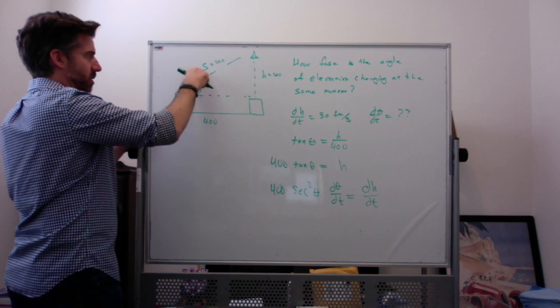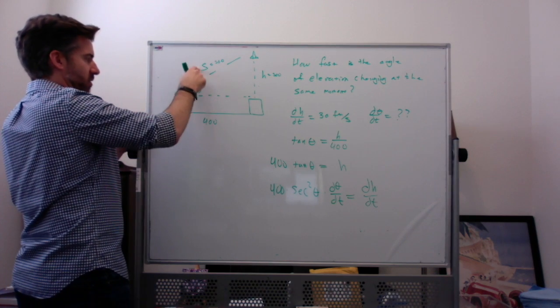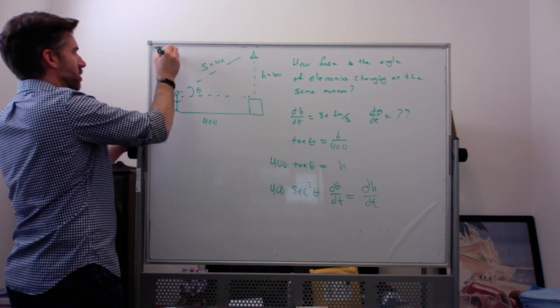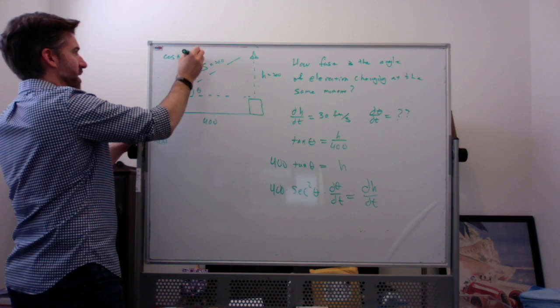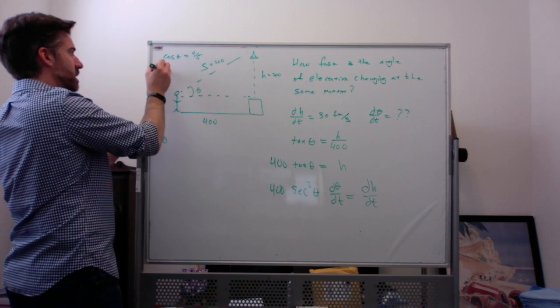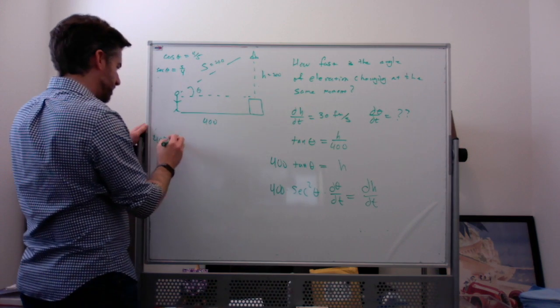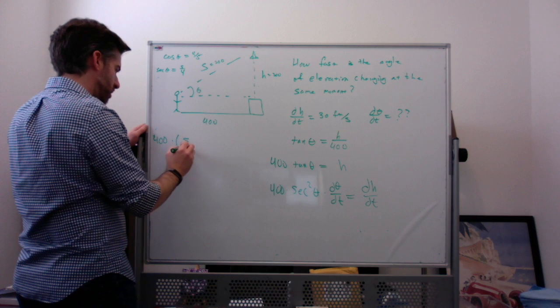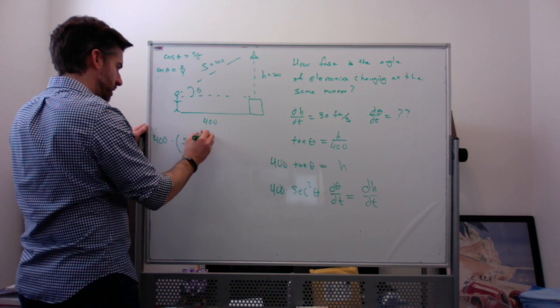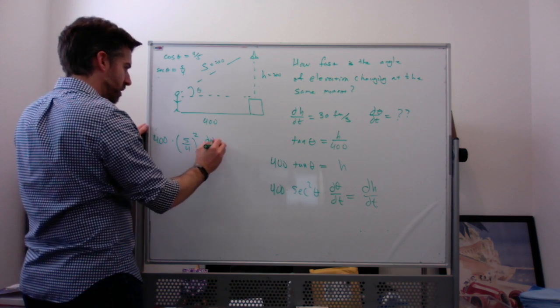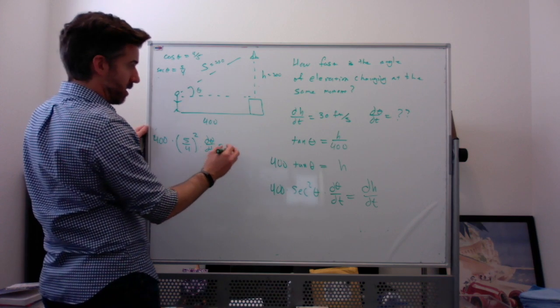Cosine is adjacent over hypotenuse, so cosine is 400 over 500, which is 4 over 5. So cosine theta is 4 over 5 at this moment, which means secant theta is 5 over 4. So I have 400 times 5 over 4 squared times d theta dt equals dh dt, which is 30 feet per second.